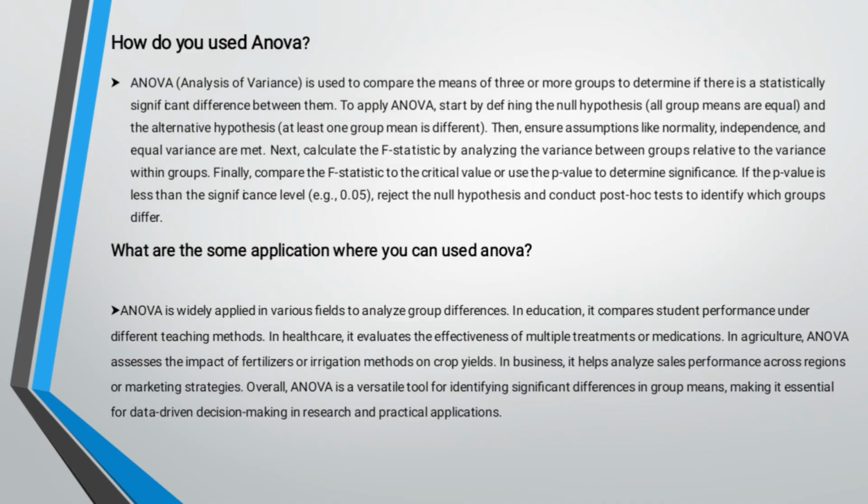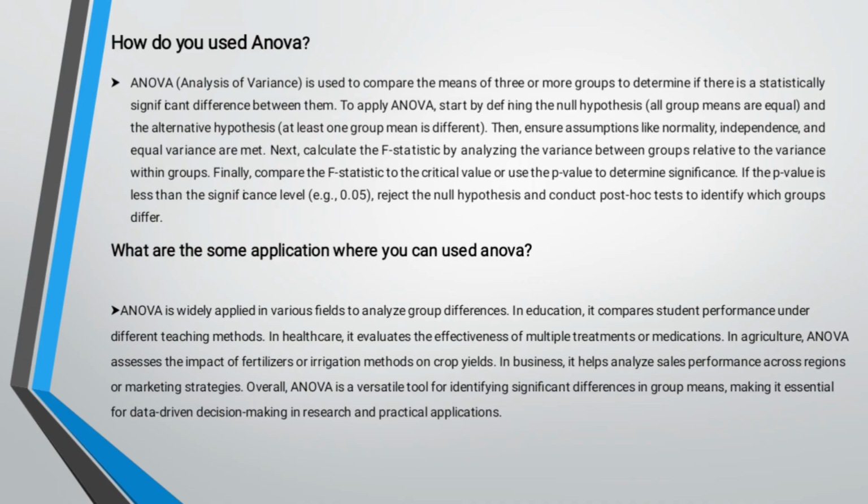Finally, compare the F statistic to the critical value or use the p-value to determine significance. If the p-value is less than the significance level, for example 0.05, reject the null hypothesis and conduct post hoc tests to identify which groups differ.